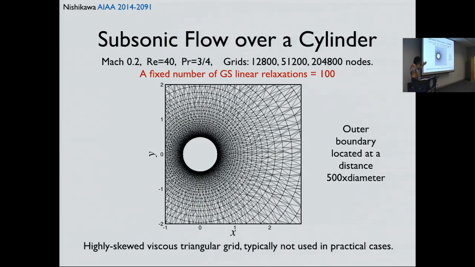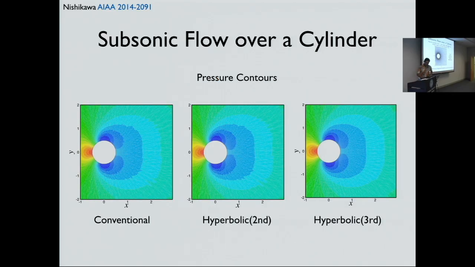Again, I have a highly skewed triangular mesh. The outer domain is like 500 times the diameter. That's really far. And these are pressure contours. The third order scheme gives a much, much smoother solution in this one.